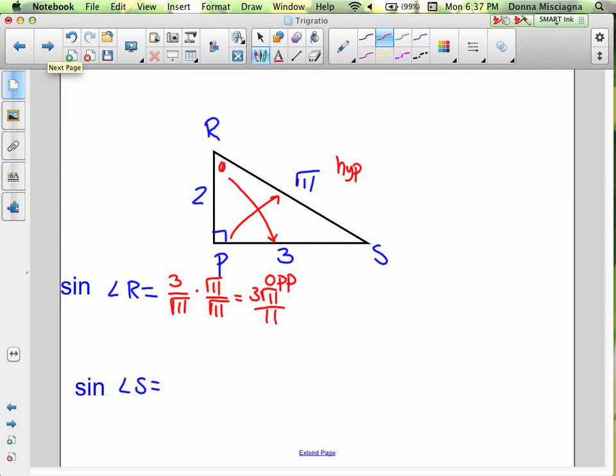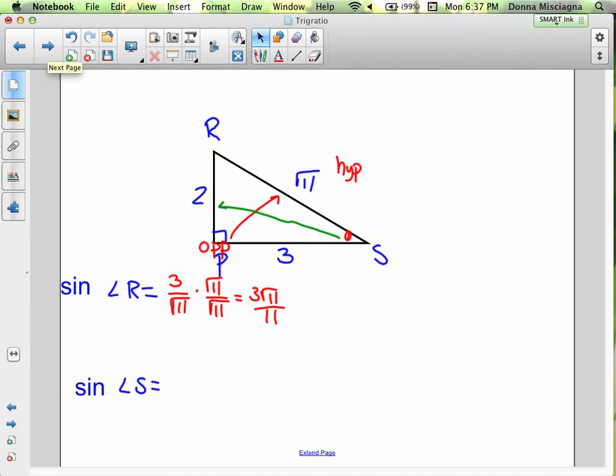Now let's find the sine ratio for the other angle, which is angle S. So we want this angle now. Opposite angle S is this side. So now the side opposite angle S is 2. But of course, the hypotenuse didn't change at all.